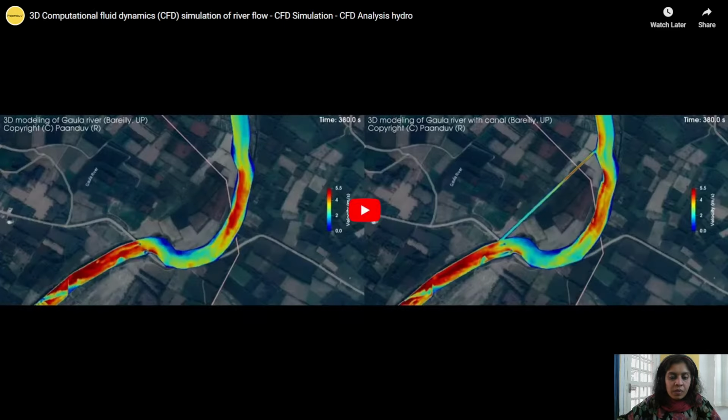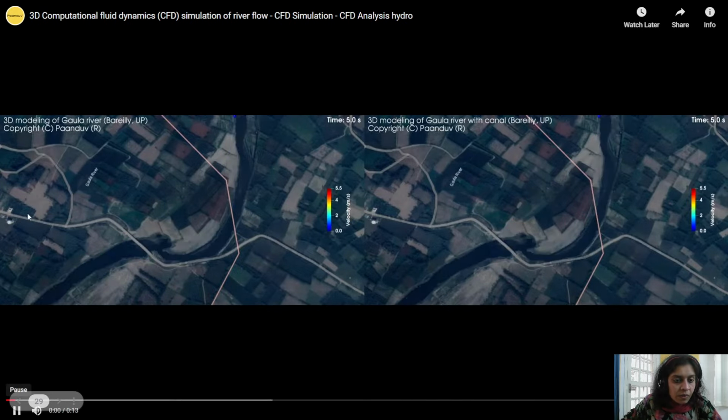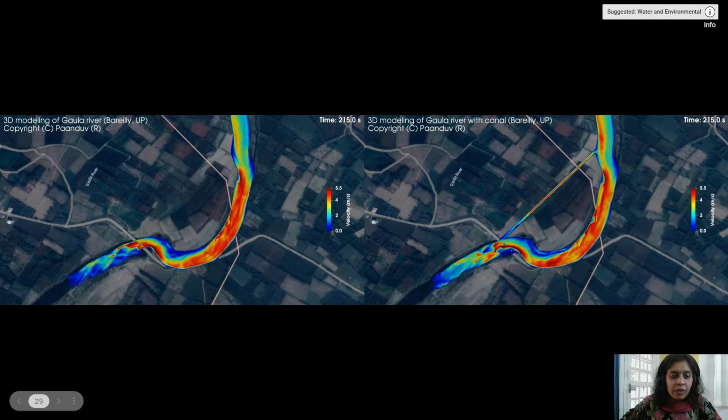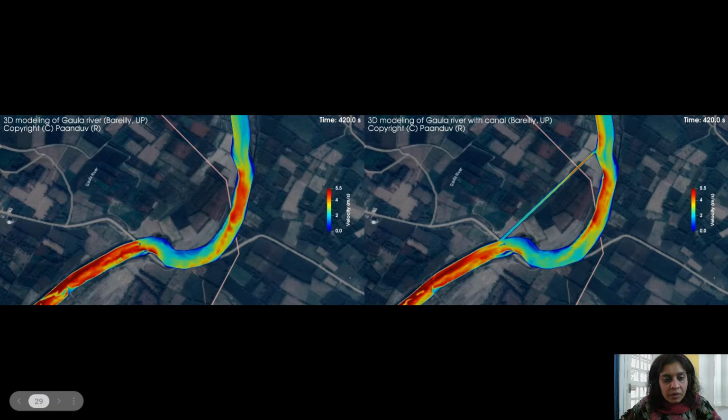Now coming on to much larger systems that we talk about. Earlier we were talking about the industrial scale systems, but now this is a much larger scale system. There is a river nearby Bareilly, where the Paanduv office is located.